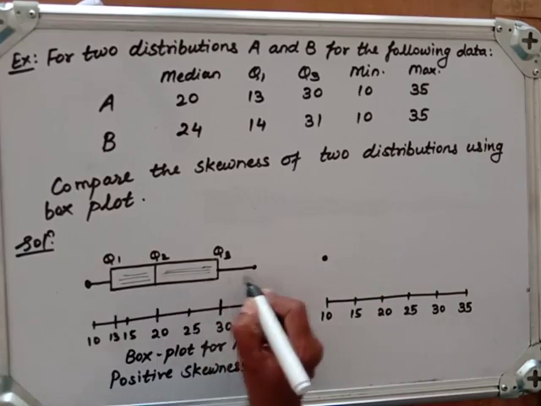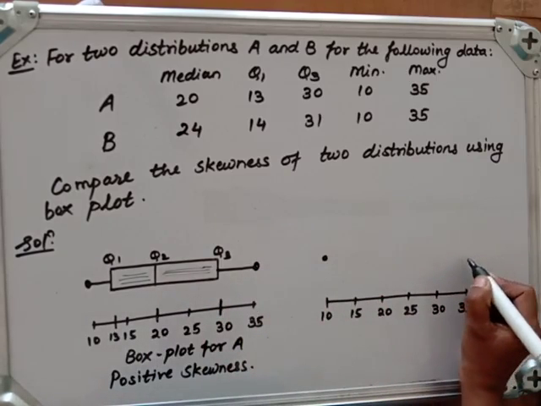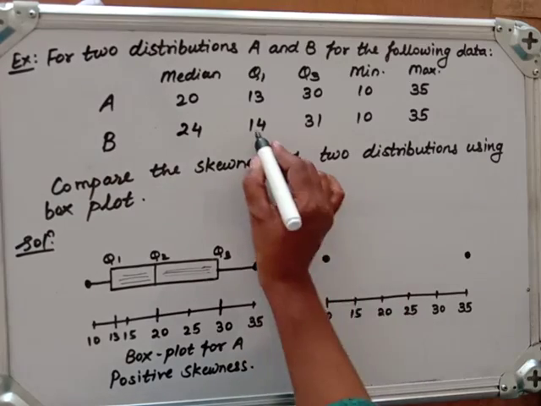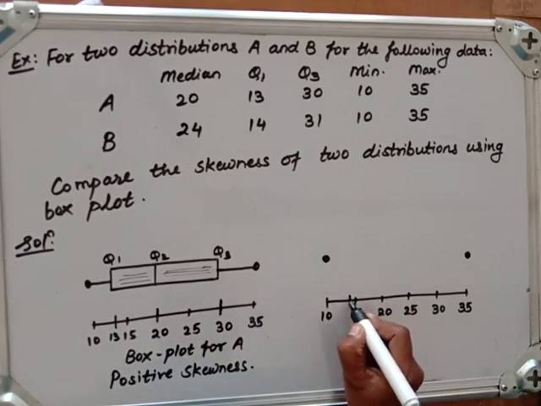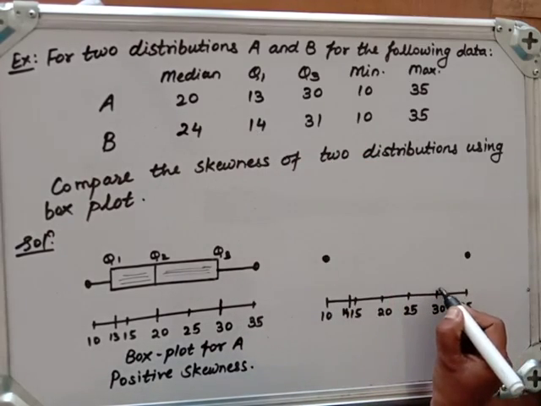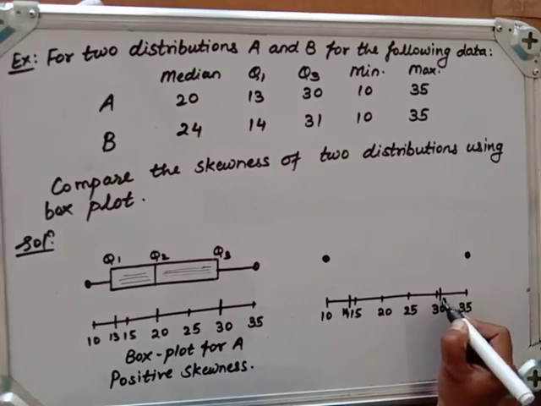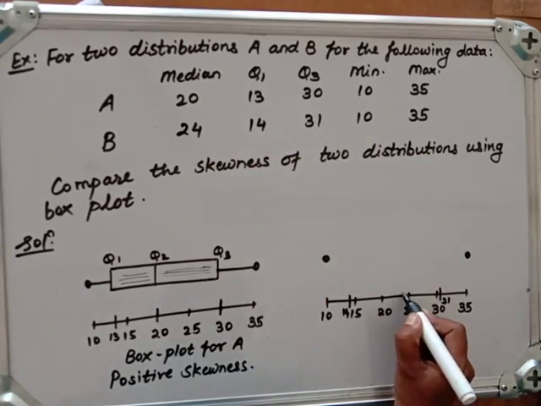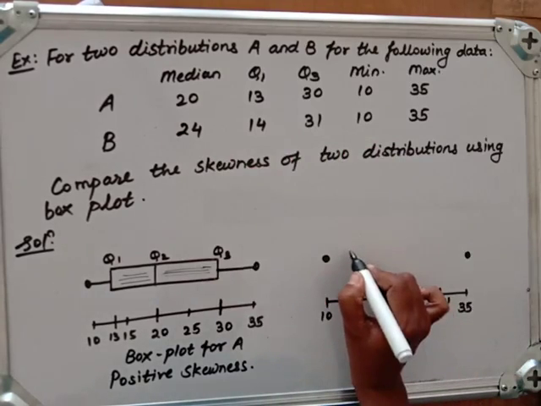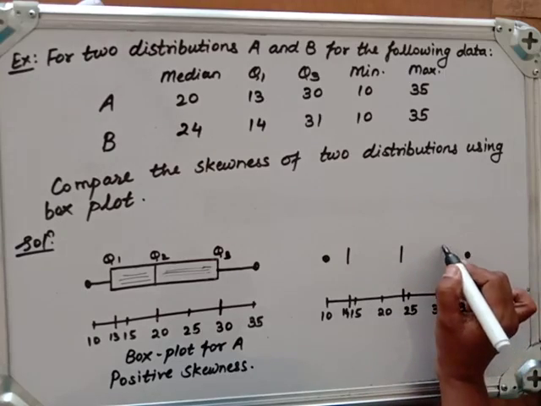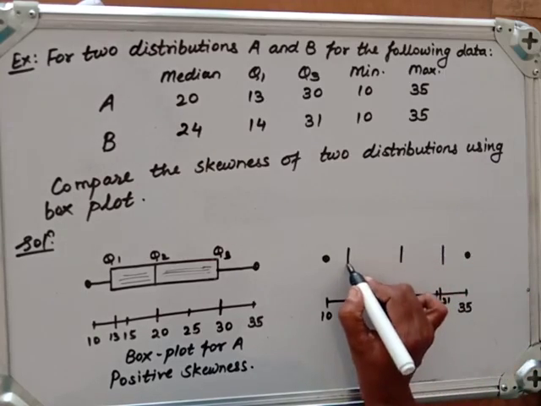Here the minimum and maximum. Now Q1, suppose it is 14. Now 31, so it will be here. This is 31. And 24, so it is somewhere here.